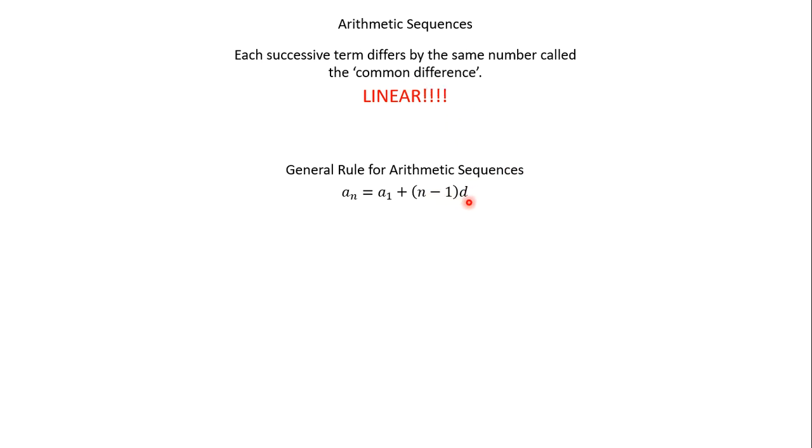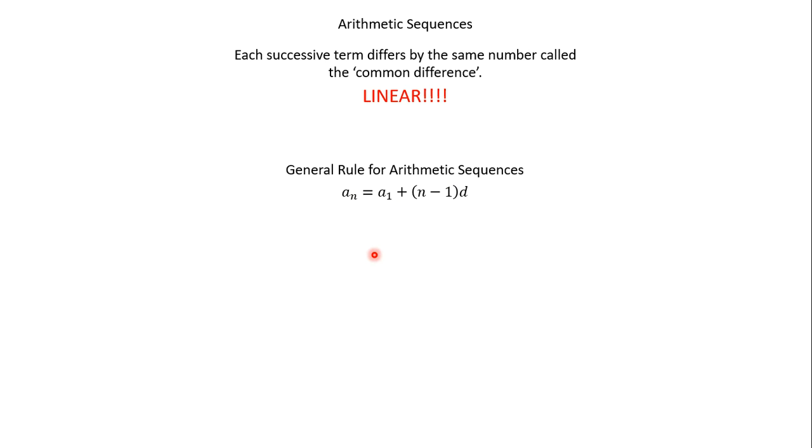Now, instead of d times x plus the y-intercept, we have n minus 1, which is just a horizontal shift of 1 over, which makes this, instead of the 0th term, which is what the y-intercept would be, the first term, which is something that we actually see in the sequence. We don't use the 0th term in the sequence. But for all intents and purposes, this is the equation for a line.